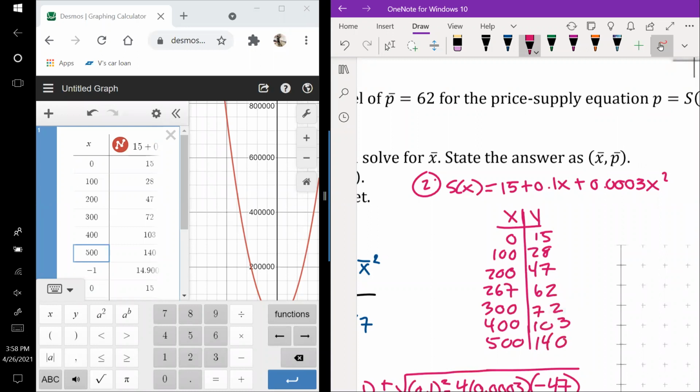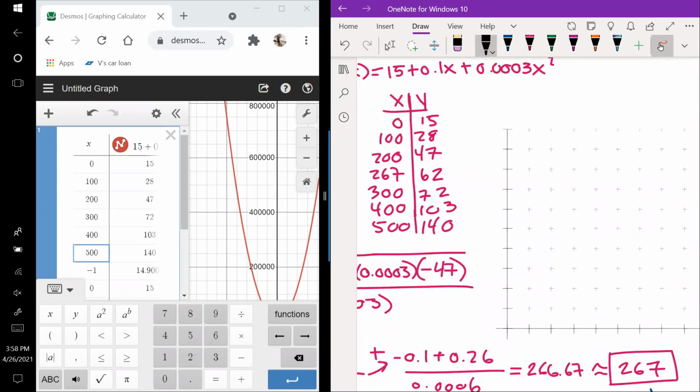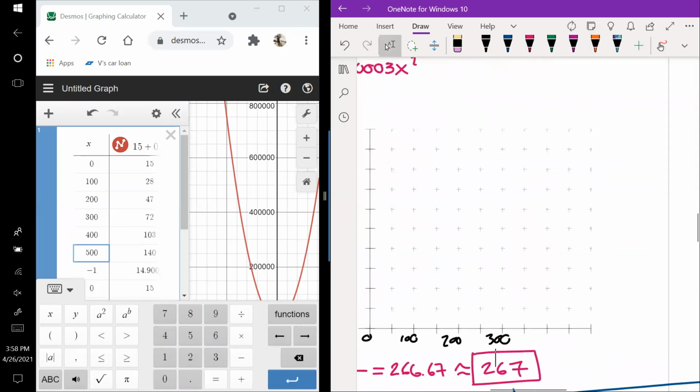Okay, now let's draw out this x-axis. 0, 100, 200, 300, 400, and 500.